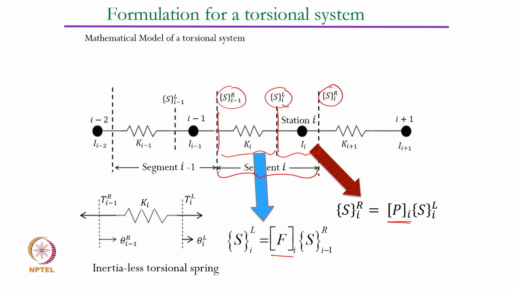Now let's club them together so that it represents the entire segment. And it is quite simple here, because you have a state vector SLI here. If I replace it by this, what can I get? I will get the state vector on the right of the ith segment related to what?